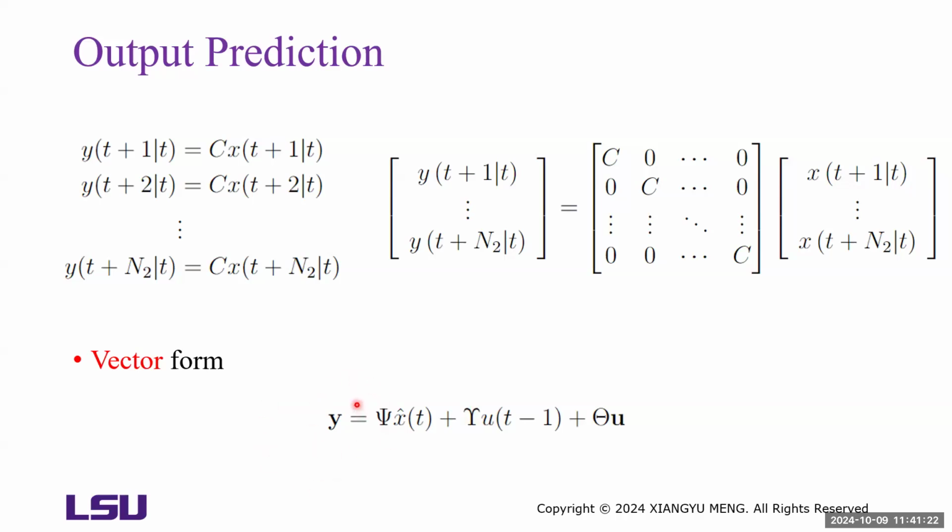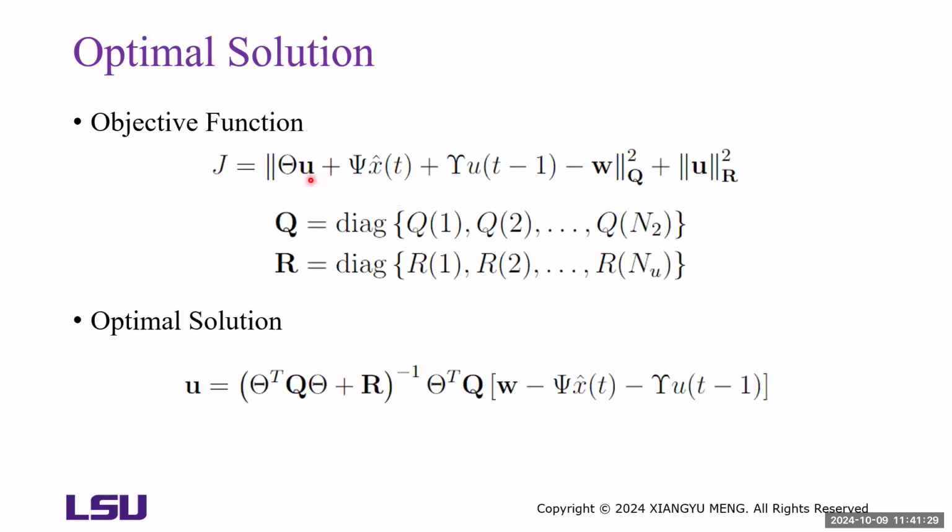Now let's put the predicted output into the objective function. Let's also write this objective function in vector form. Here we have the predicted output. We try to minimize the difference between the predicted output and the reference trajectory.